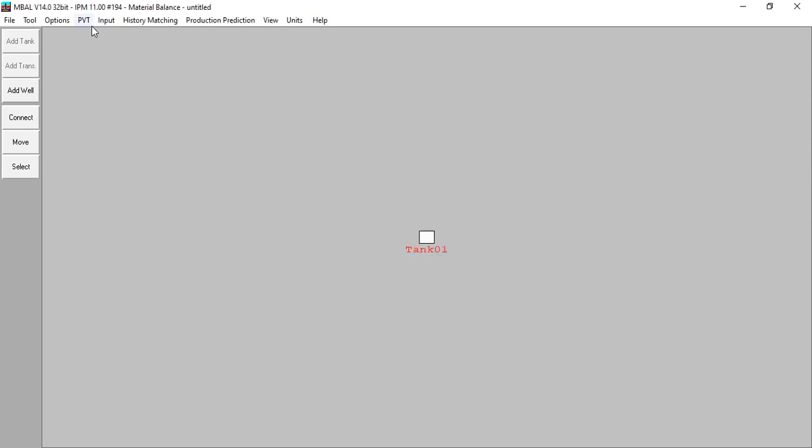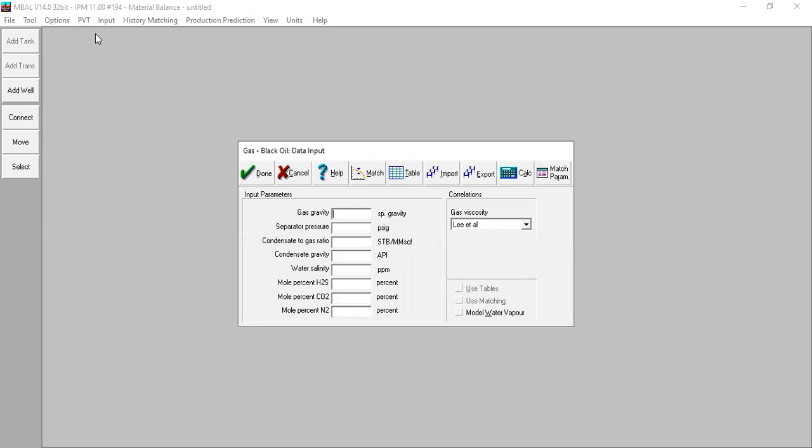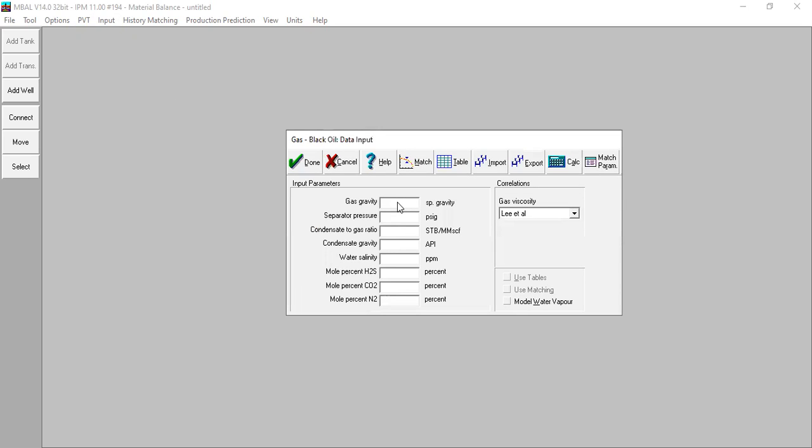Go to PVT, fluid properties. Okay, so we will provide this window with gas properties, gas gravity, for example, 0.78 specific gravity, and then the separator pressure at which the gas properties measurement is done.